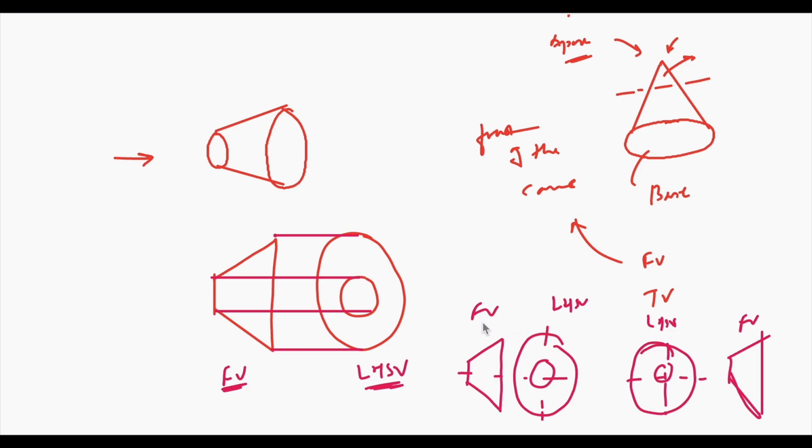So when the front view is at the left and the left hand side view is at the right, this constitutes the first angle projection method. And when the left hand side view is at the left itself, or the front view is at the right of the left hand side view, this constitutes the third angle projection method. So these are basically the symbols of the projection methods. This is for the first angle and this is for the third angle.